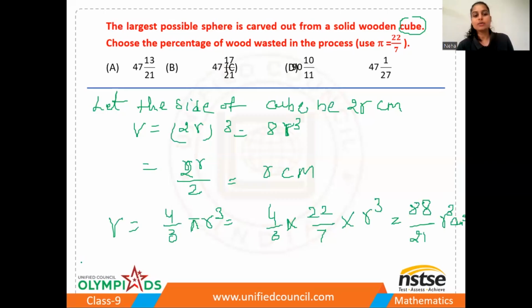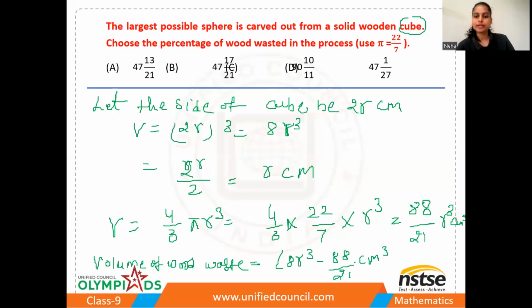Now we have to find out the volume of wood waste. So the volume of wood waste will be equal to 8r cube, and from this I have to subtract 88 upon 21 r cube centimeter cube. Perfect. Now let me make some space.